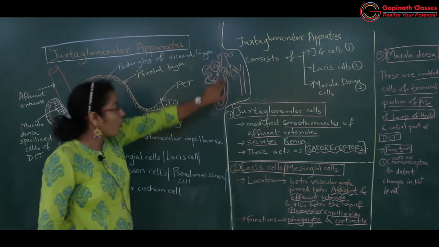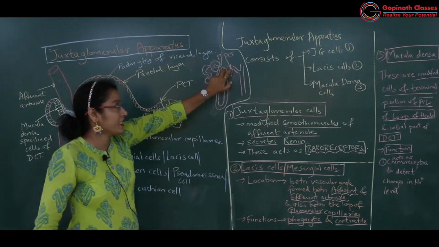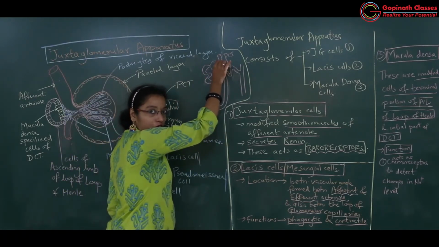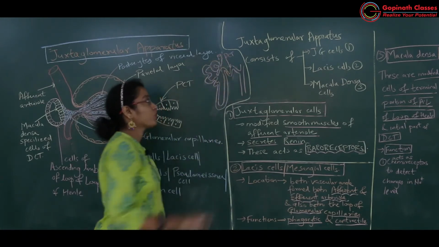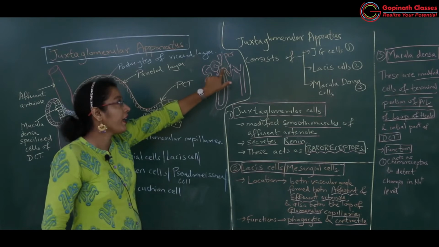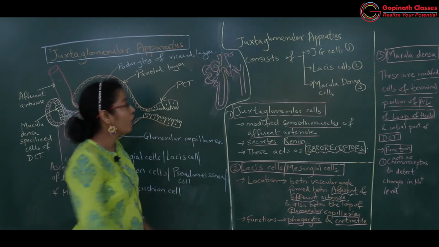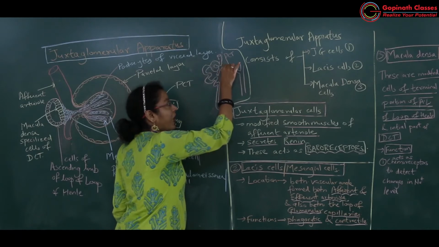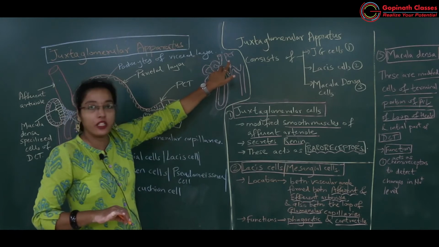So some cells of the ascending limb of the loop of Henle and some cells of the DCT will be in close vicinity of the afferent arteriole. What do we call the cells of the afferent arteriole? JG cells, juxtaglomerular cells. And the cells of the afferent arteriole which are in close vicinity of the cells of the initial part of the ascending limb and DCT form a part of the macula densa.